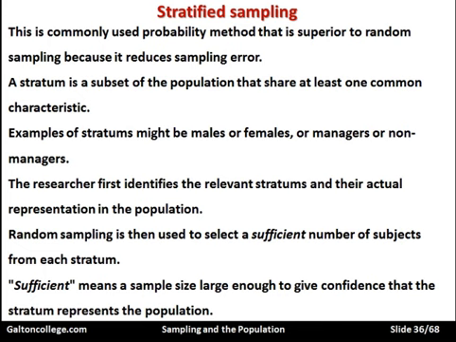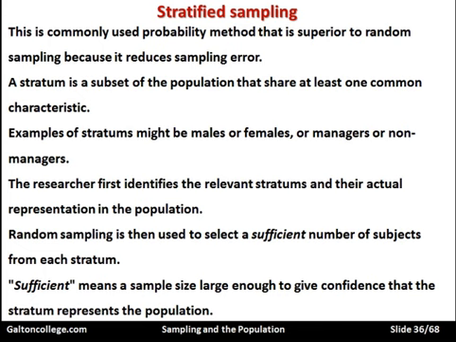So that's a technique. It's a good technique because it means that samples can be drawn which are more representative of the population. For example, it may be on a national scale that a survey needs to include male and female. Well, in this case, let's say 50% of the respondents should be male, 50% female.